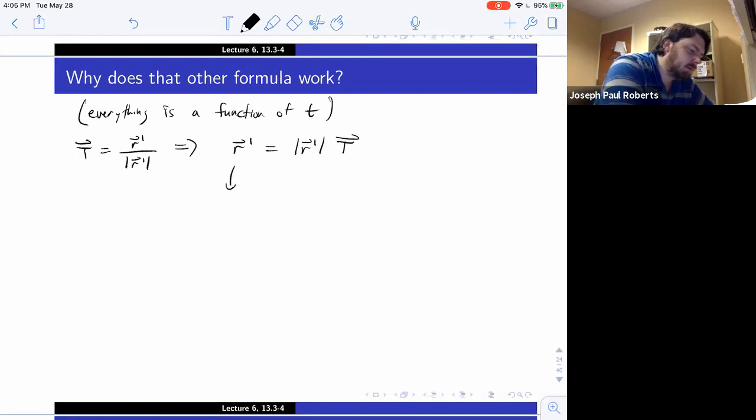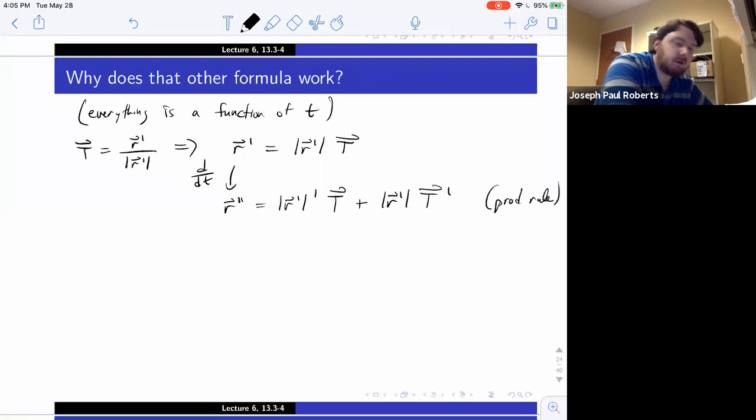Okay, so now I'm going to take the derivative of both sides with respect to t to get that r double prime is the length of r prime prime times T plus the length of r prime times T prime. I used the product rule that we talked about yesterday to get that. Next step is I'm going to do r prime cross this equation.